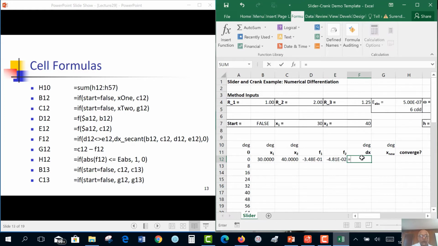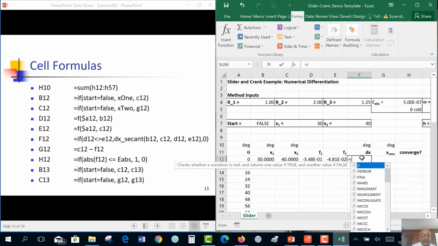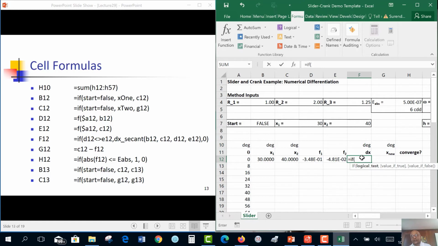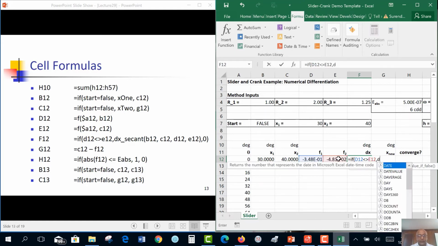Now we are going to invoke our dx secant. But if you remember from our parametric study, we don't want those value errors. So we want to use the dx formula only if f1 is not equal to f2, so that we don't have division by 0.